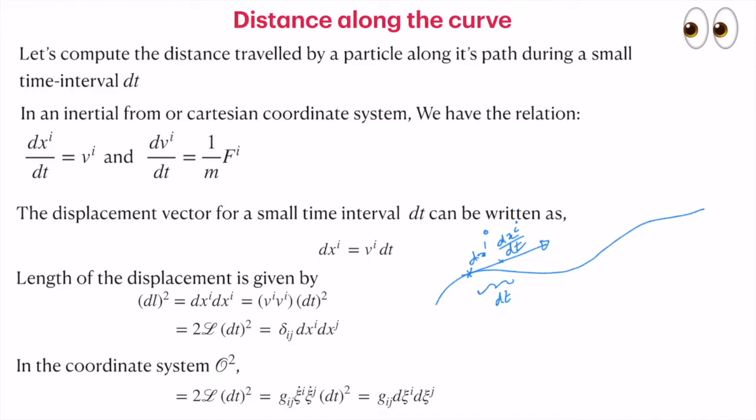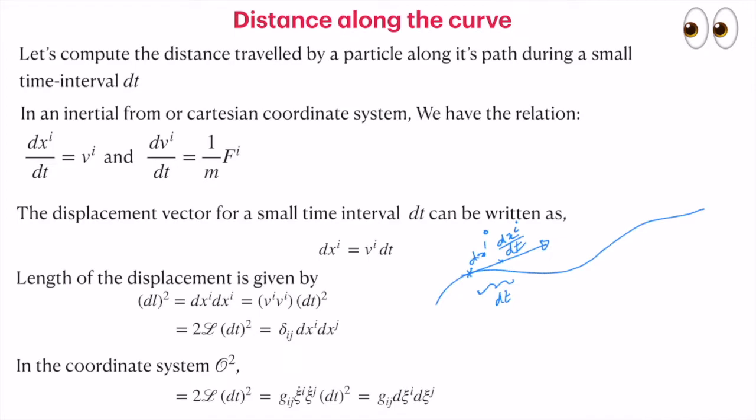So after expressing dt, or removing dt and cancelling it out, what we get is the distance traveled, g_ij into d xi^i into d xi^j. So this is basically an identity which shows that the kinetic energy multiplied by dt squared, or the coefficients of kinetic energy in the curvilinear coordinate, basically represents the distance between the 2 points in the coordinate system.